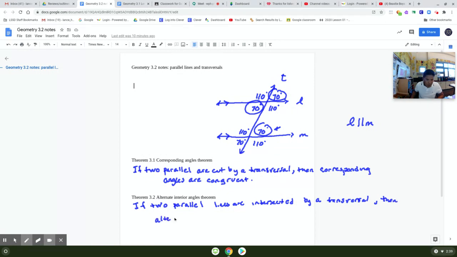So by alternate interior angles being congruent, that means both pairs of alternate interior angles are congruent, although not all congruent with each other. I'll show you in a second.